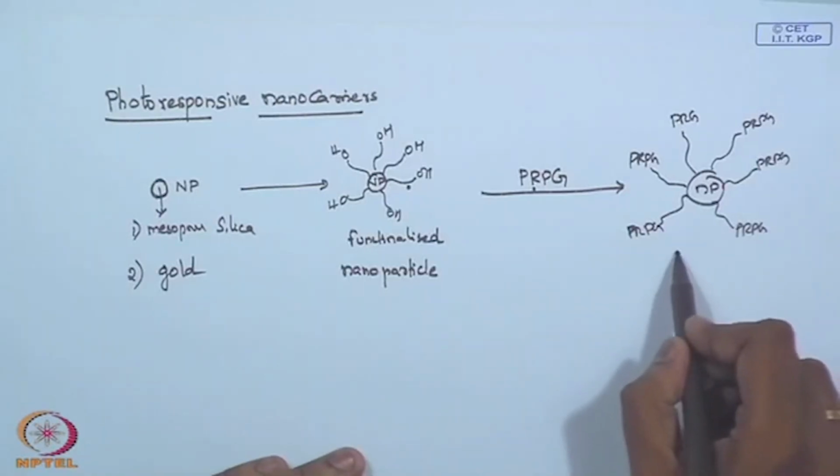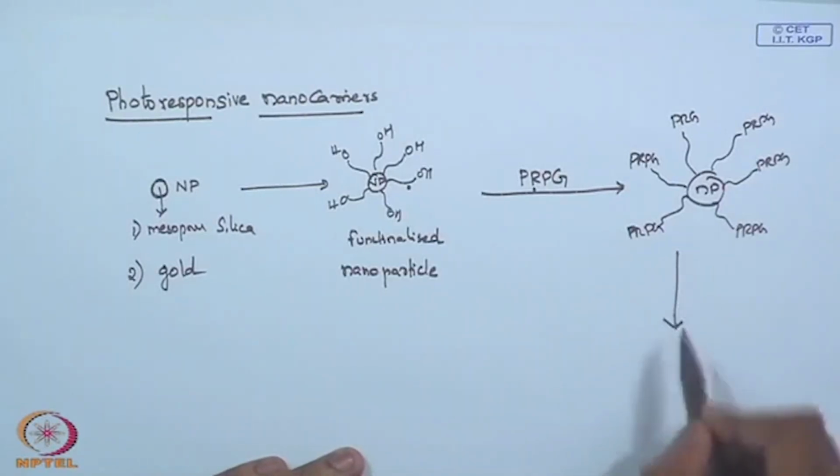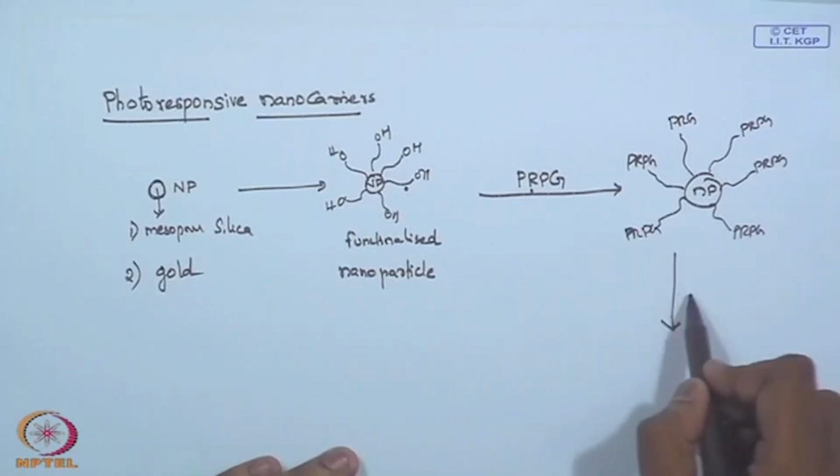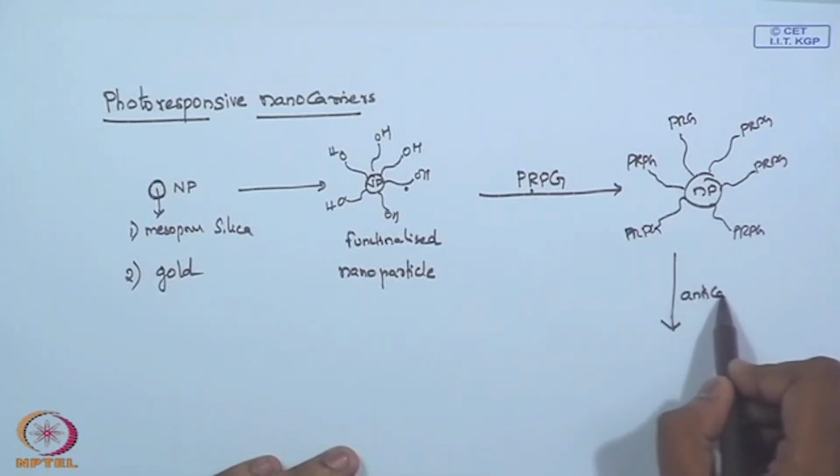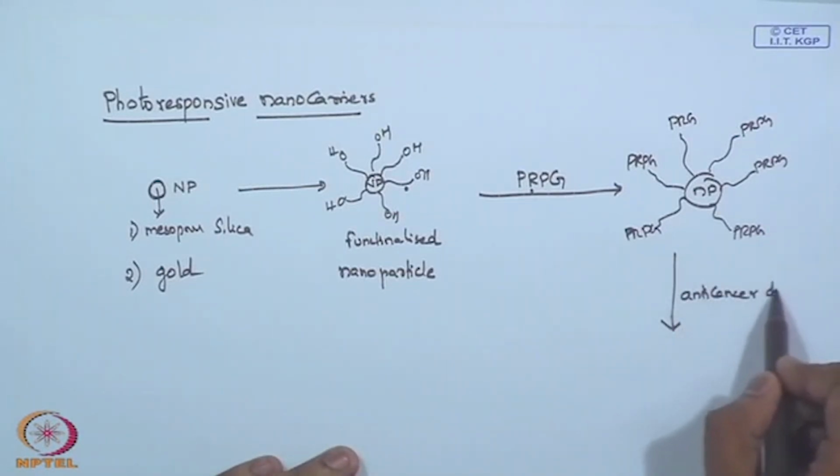Once your delivery device has a nano shape, the best advantages are that toxicity becomes less and permeability becomes more. You can also use it for different oral administrations. Now, once you attach this photoremovable protecting group, you can attach your anti-cancer drug as in the previous case.